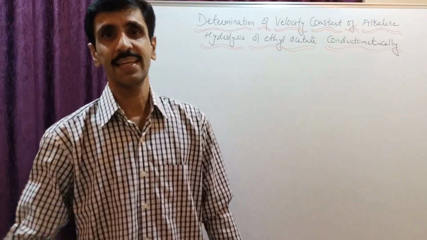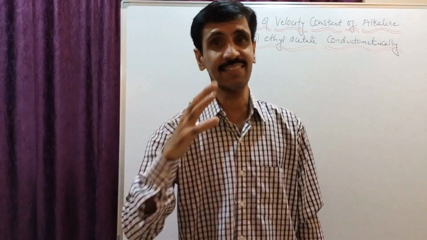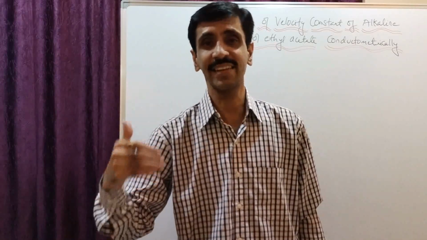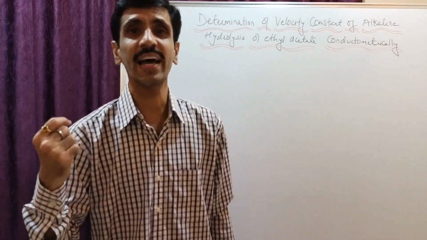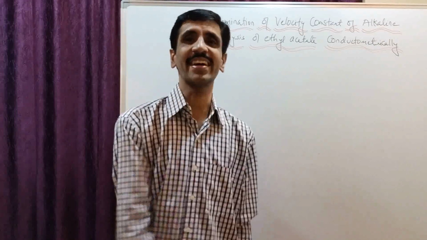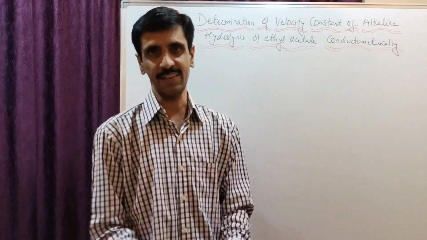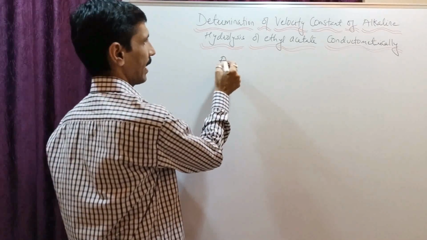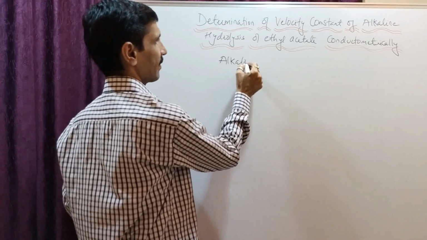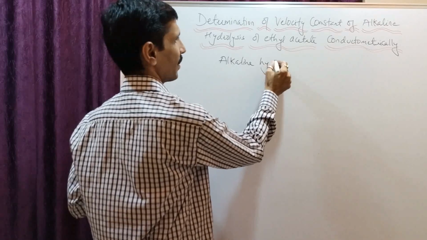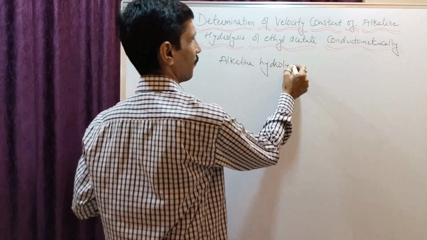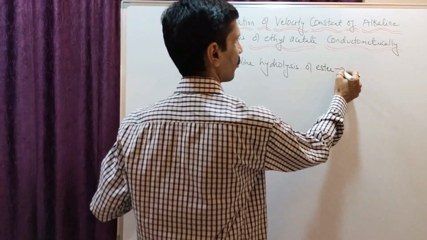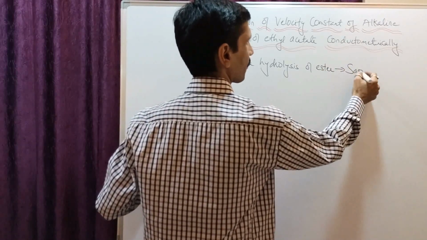My dear friends, ethyl acetate is an ester. And when alkaline hydrolysis of an ester takes place, it is also called, oh yes, you guessed it right, saponification. So that's the first point that you need to keep in mind: alkaline hydrolysis of an ester is known as saponification.